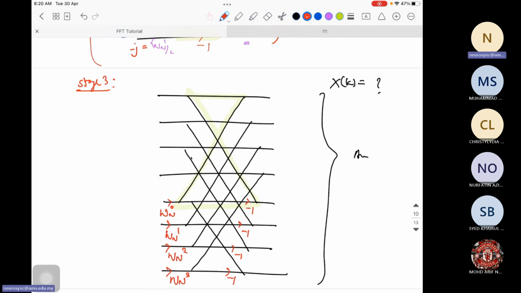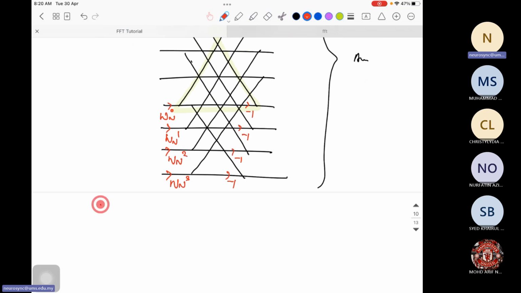So you should get the output. You can check with your calculation. The output you should get at the end of stage 3, that is the final value of x of k.